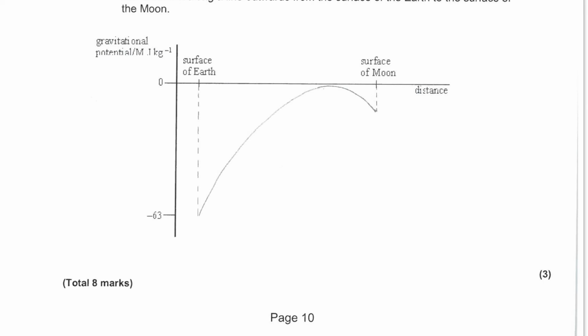Now, the Moon, you did actually look at comparing the potential to the potential at the surface of Earth, and if you look back up you see your value that was minus 2.9. So if this is minus 63, then this value here is minus 2.9. So if anything, I have enlarged the scale slightly to reveal the shape.